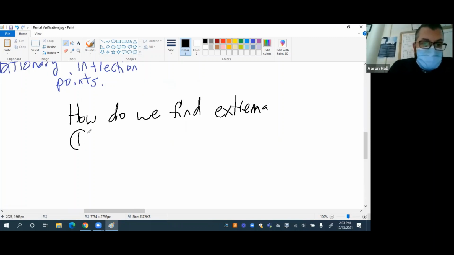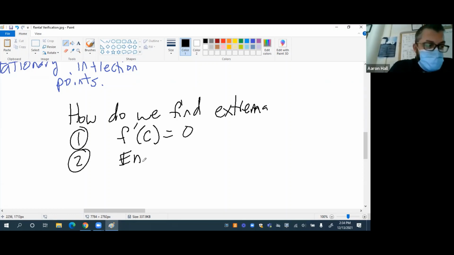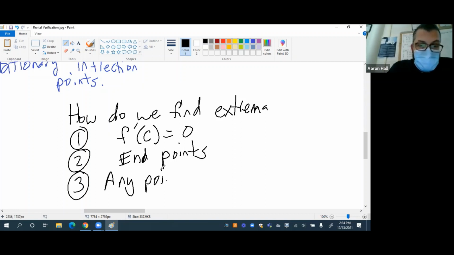Well, one technique is to take the derivative and set it to 0 and then solve for x. We also need to consider the end points. The end points could be a max or a min. Or we also should consider any point that is not differentiable.